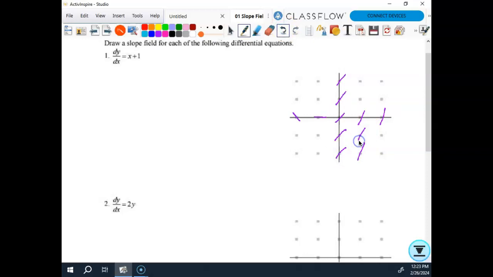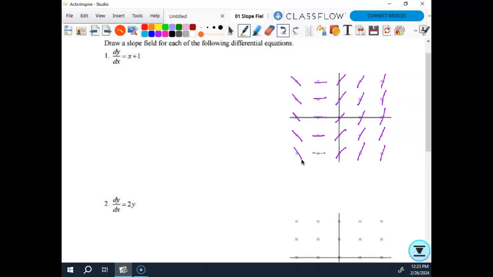And then steeper. And then even steeper than that. All right. Those are all 0. Something like that?